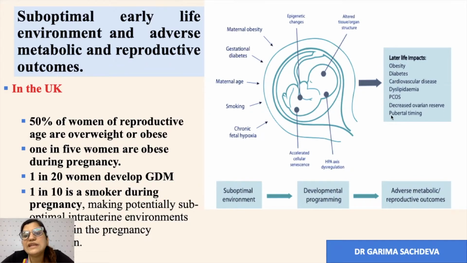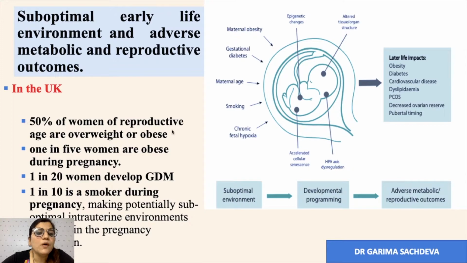All these in later life might cause obesity, diabetes, cardiovascular changes, dyslipidemia, PCOS, decreased ovarian reserve, and affect pubertal timing, thus causing adverse reproductive and metabolic outcomes in later life.